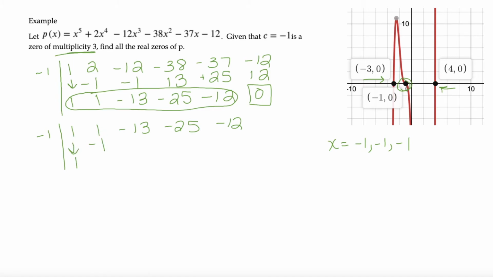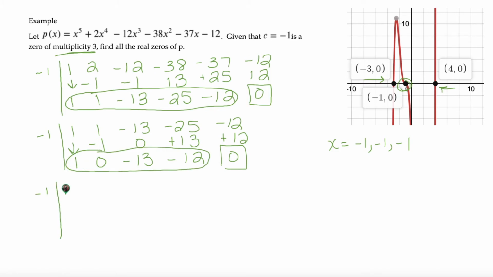So -1 times 1, we end up with a 0. -1 times 0 is 0, so -13. +13 when we multiply, so -12 when we add, +12 and another 0. Again, shouldn't surprise us. We have another reduced polynomial that we will do this one more time, one for each time it's a solution.